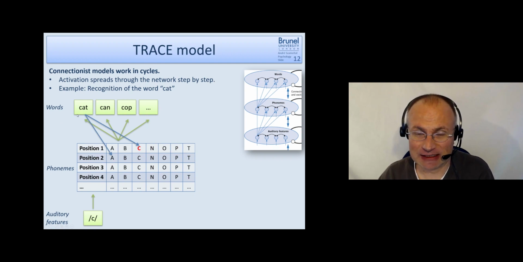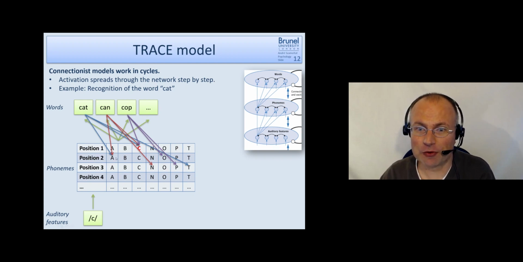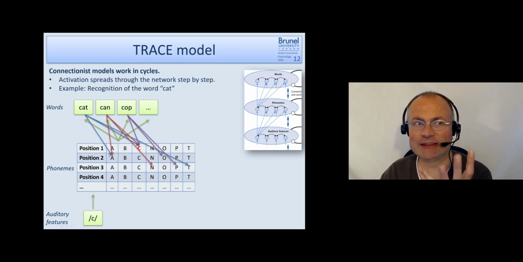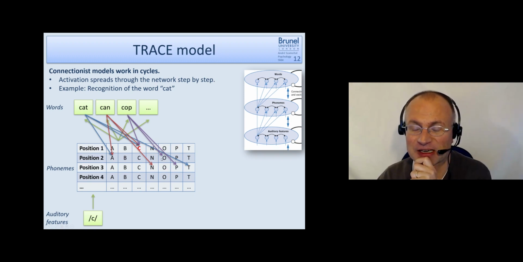And having cat activated would say, okay, the second phoneme should be A, and the third one should be T. Can is activated, so the activation spreading back activates the C, the K, then the A as well, but then as a third phoneme, the N sound. And the same for cop, C-O-P. So these phonemes are now already slightly pre-activated from this top-down feedback information.